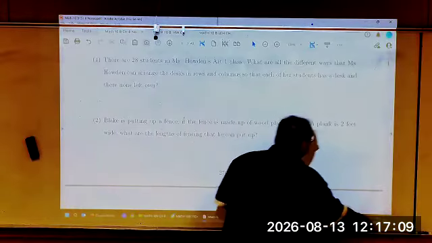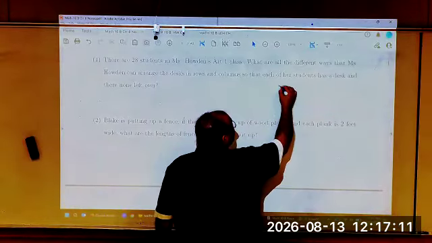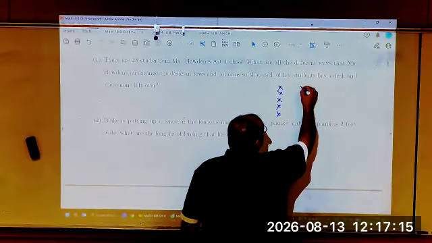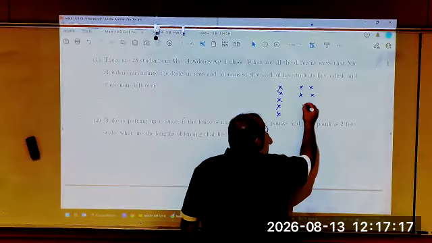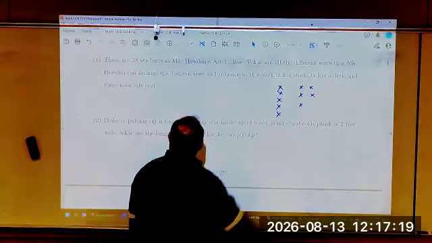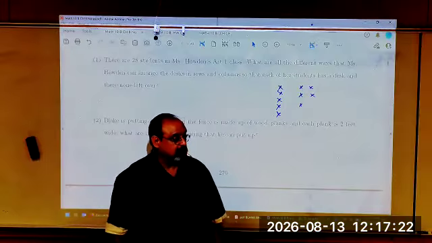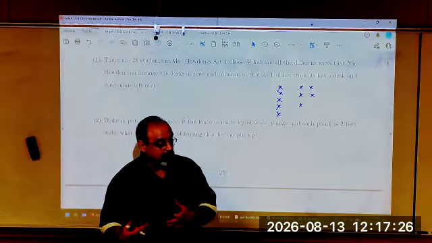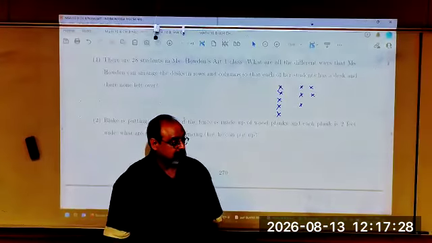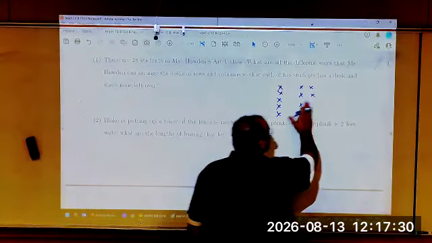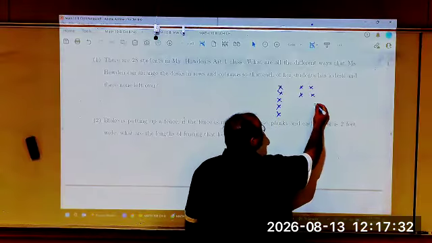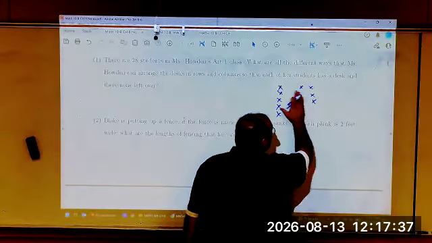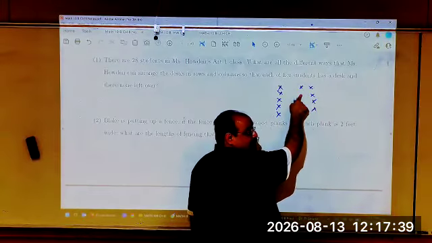Because if we only have 5 people, so desk, desk, desk, desk, desk. But then if we go desk, desk, we have a leftover. We want nice even rows and columns. So if I do 2 and a 3, that won't work either. I can't do a 1 and a 4 because that's leftover.